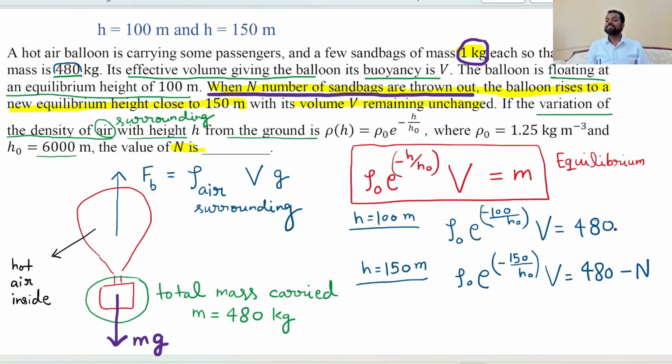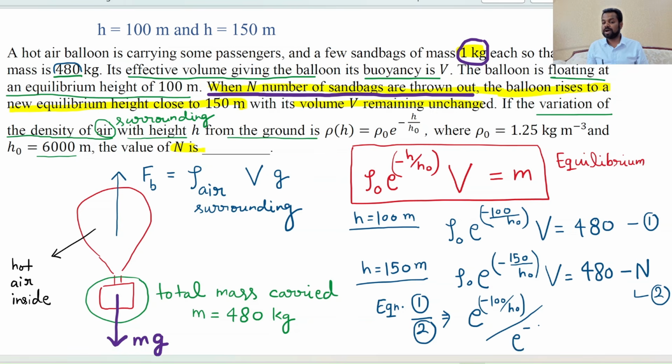Now if we divide these two equations, equation 1 by equation 2, you can see rho naught and V would cancel out. So we get e to power minus 100 by h naught, divided by e to power minus 150 by h naught.